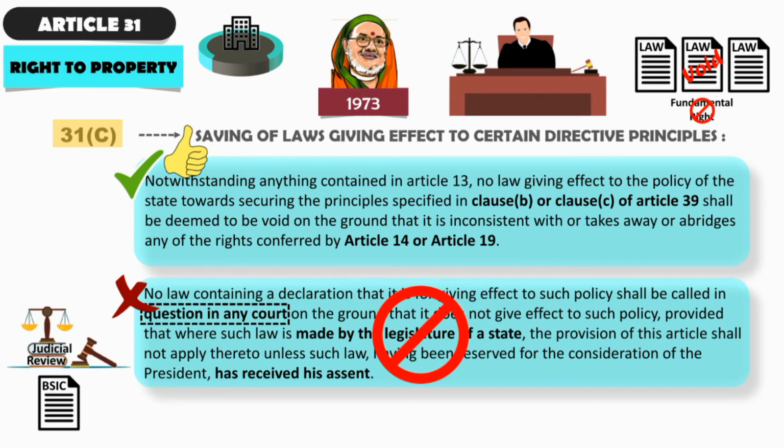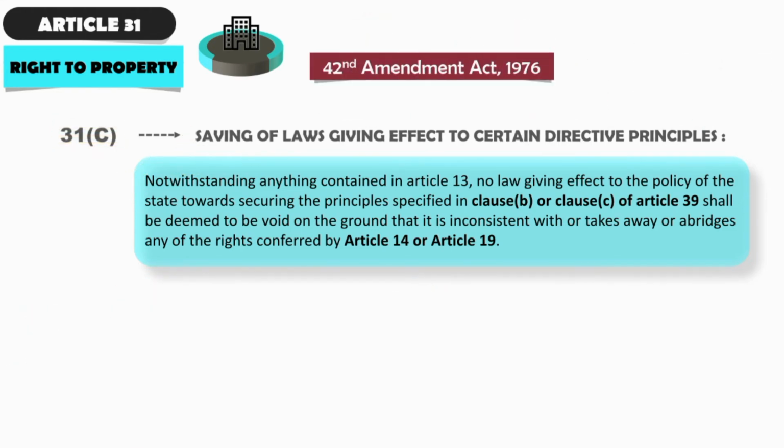Now after some time comes the 42nd Amendment Act of 1976, which came at the time of emergency. At that time, the government made an amendment in Article 31 Clause C, in which it was said that the scope of Article 31 Clause C will not extend only to Clause B and C of Article 39, but it will be applied to the entire directive principles of state policy of Part 4.